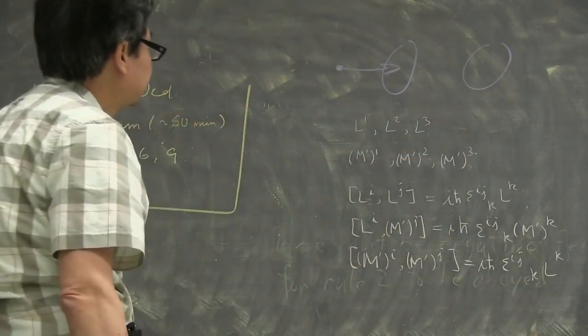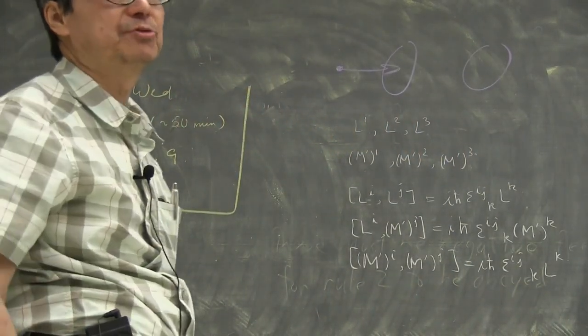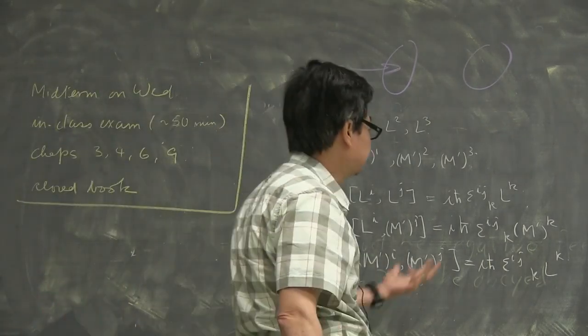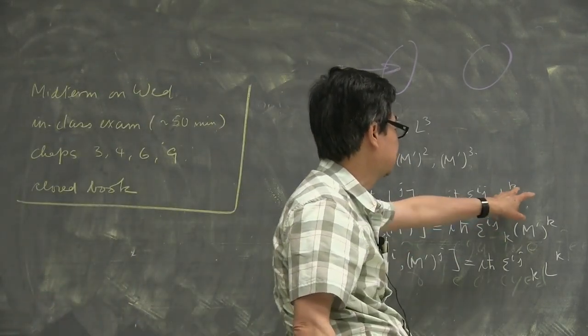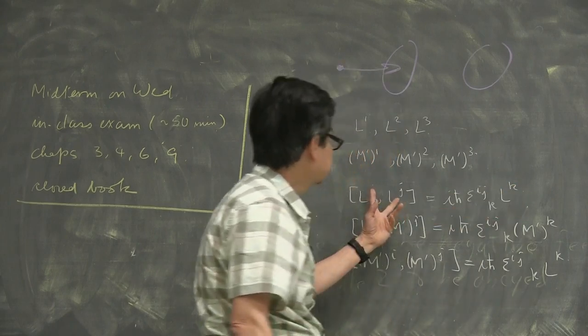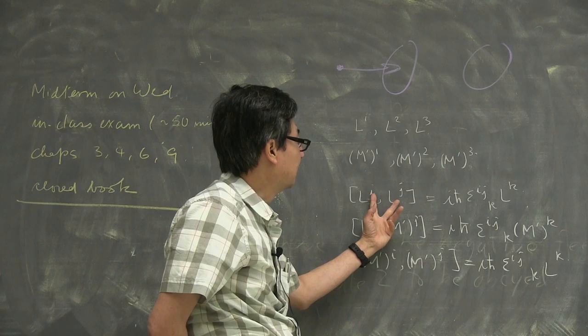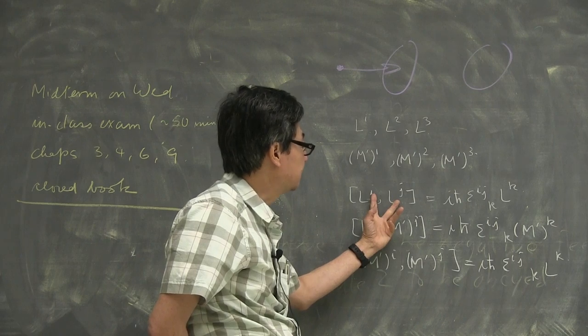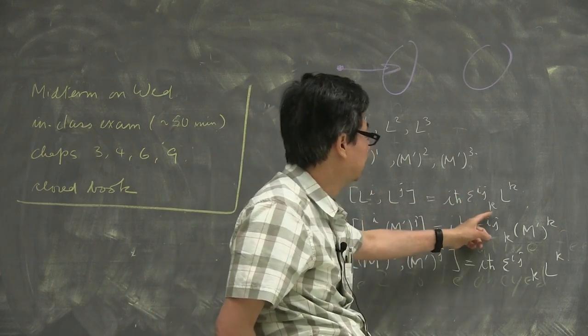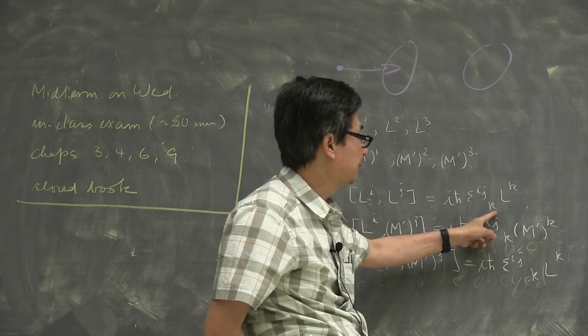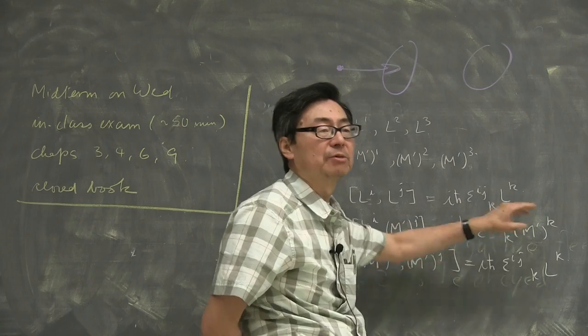The epsilon ijk, of course, is the completely antisymmetric Levi-Civita tensor. And so on the right-hand side of these 3 equations, for example, there's a sum over k. But if you take a particular pair of values for i, j, when i is different from j, 1, 2, for example, then the only non-zero element is 1, 2, 3. So basically, you just have one term on the right-hand side.